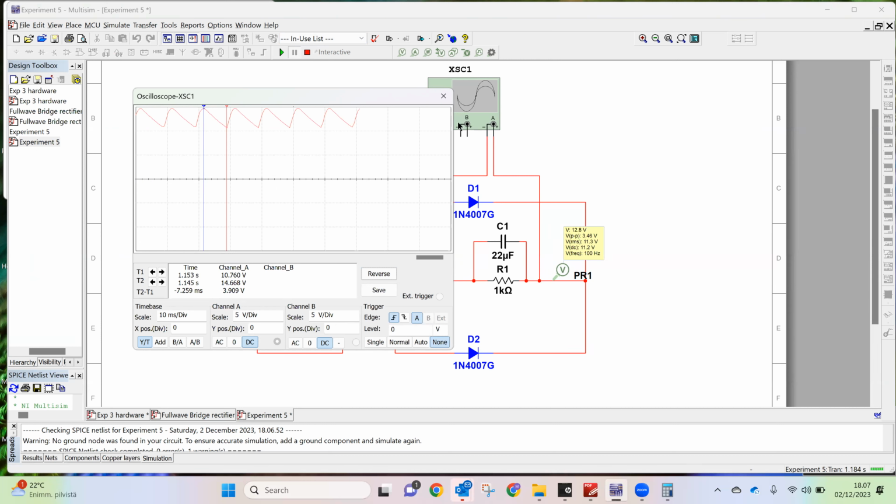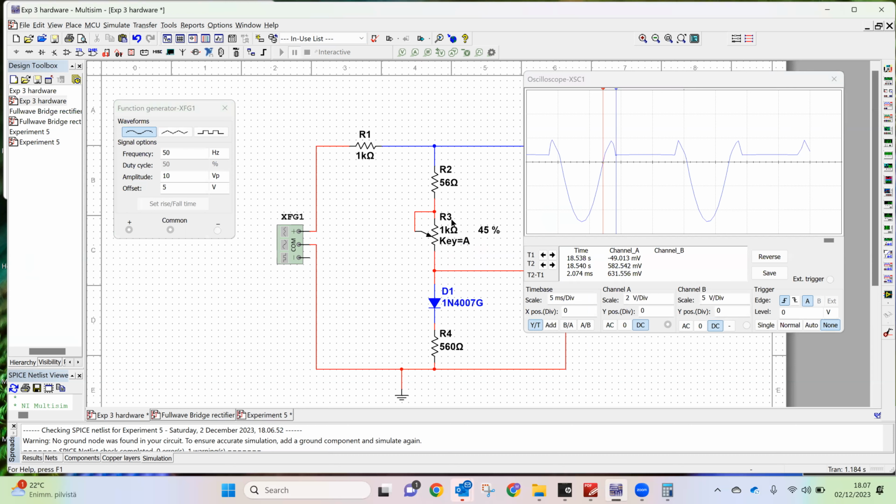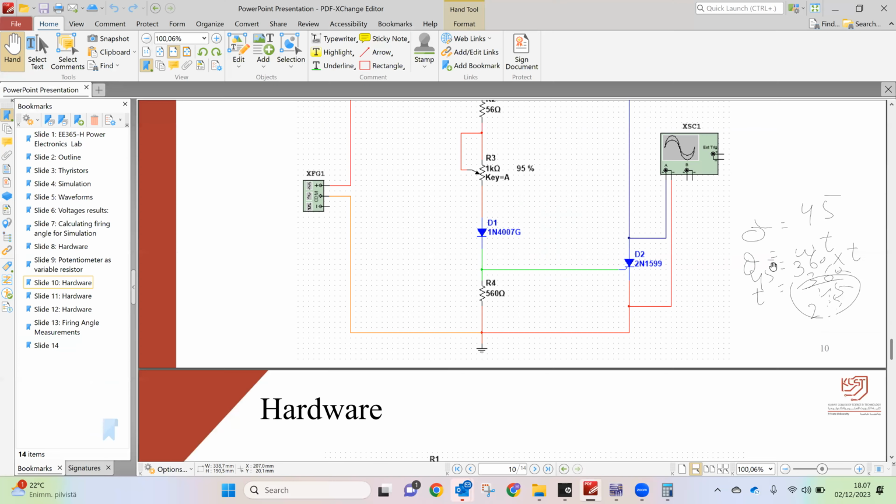So that's all about your experiments. Please be very much focused on the potentiometer value I give you, and keeping this in mind, you have to calculate alpha. Okay, in hardware I will give you angle alpha, and then you have to find delta t. So remember this formula. Okay, so that's all.